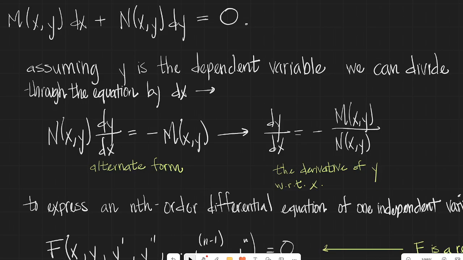And then we can also just solve for the derivative of y with respect to x as this negative ratio between M and N, the two functions in two independent variables.